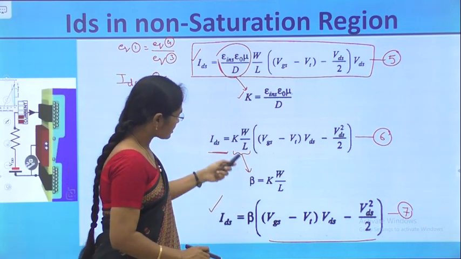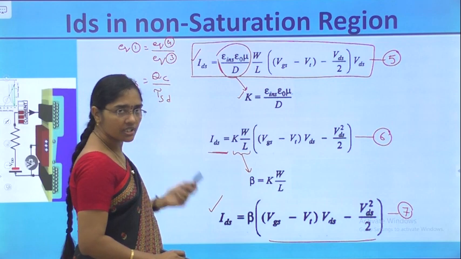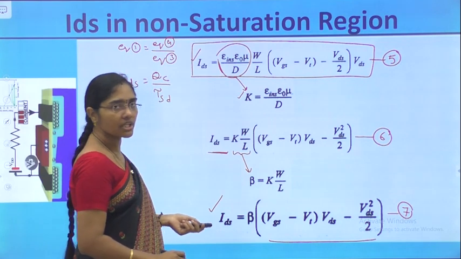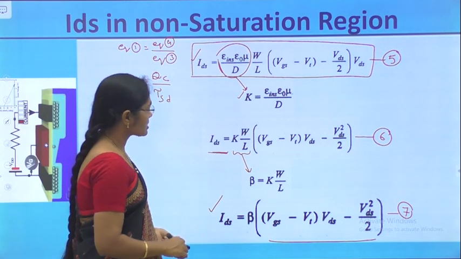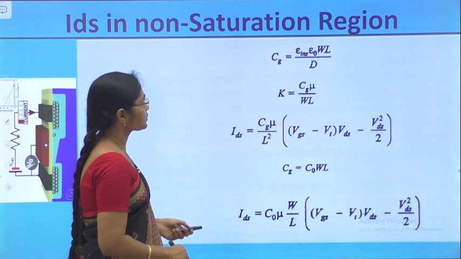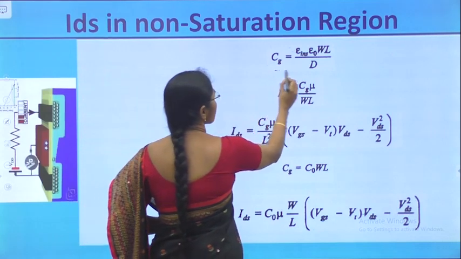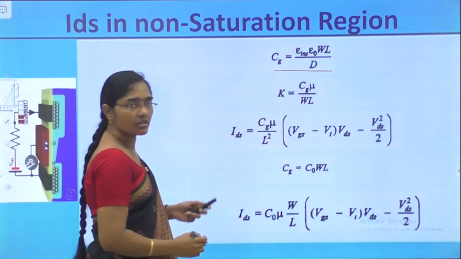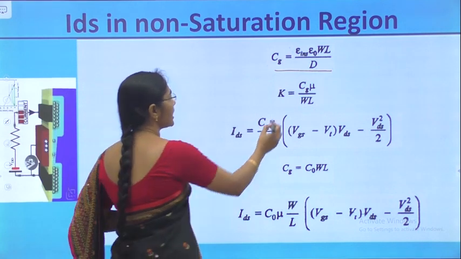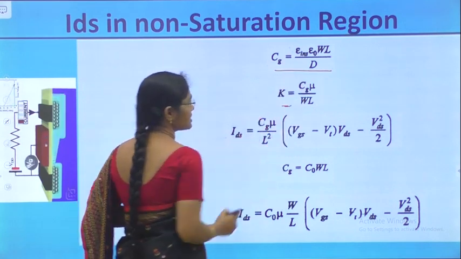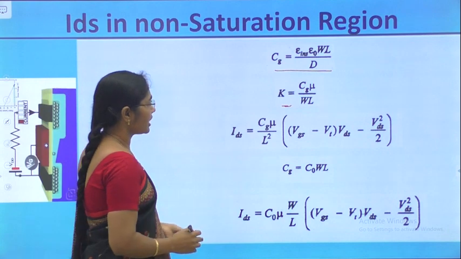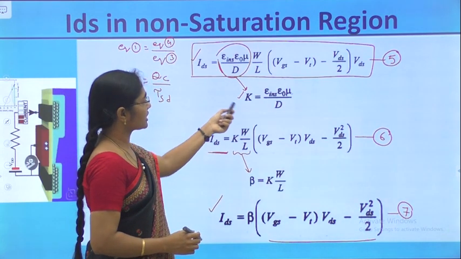And this beta, these constants can also be represented in other forms, like in terms of gate capacitance and capacitance per unit area. Gate capacitance is given by the formula we have already seen, and we are writing the constant K in terms of Cg. What is the K value? In the previous slide we have written the K value.